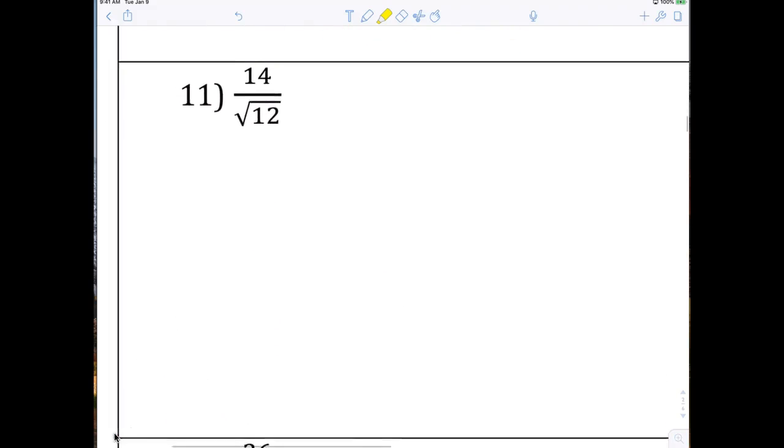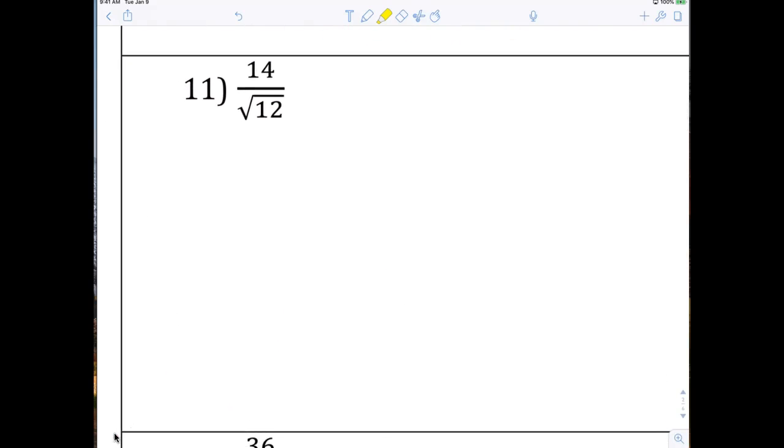Number 11. Okay, number 11, a little bit harder now. First and foremost, your brain should not even look at square root of 12. Again, listen to me. When somebody says the square root of 12, you should just say that it's not even 4 times 3 anymore, but what? 2 radical 3.